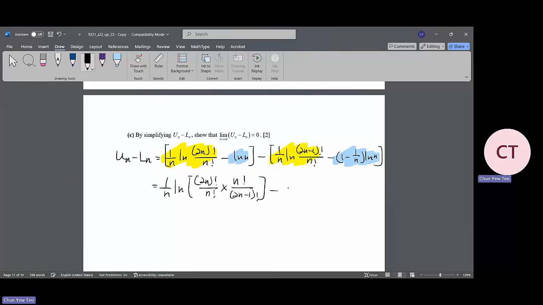And the blue color part, it will be actually minus this one, it will be minus the ln n plus the ln n minus the 1 over n ln n.